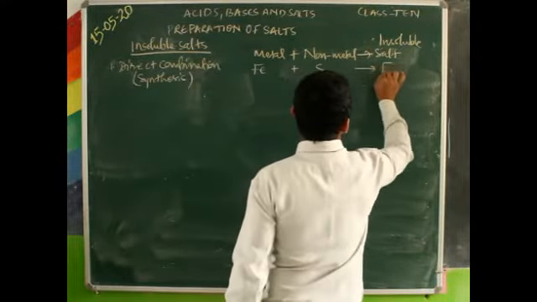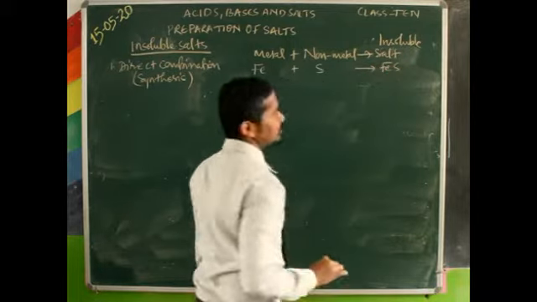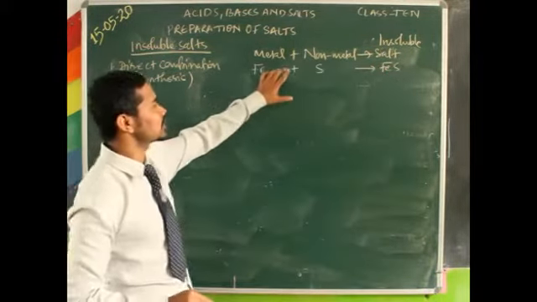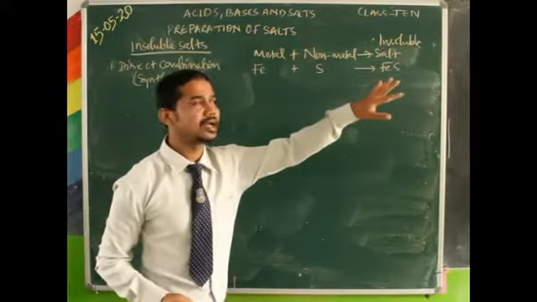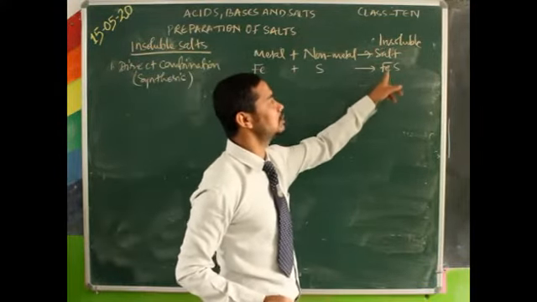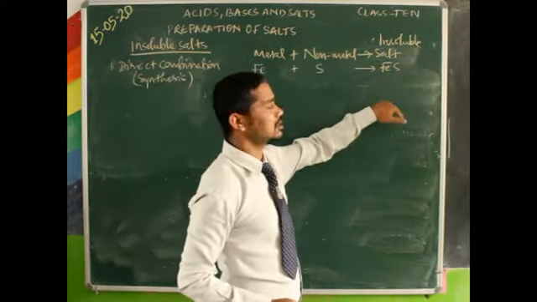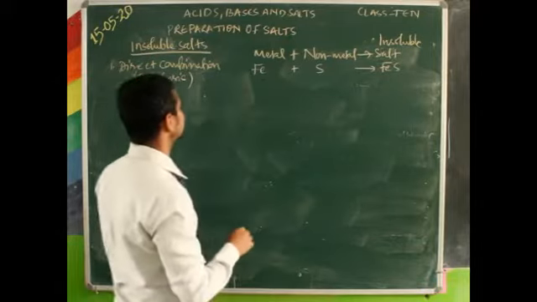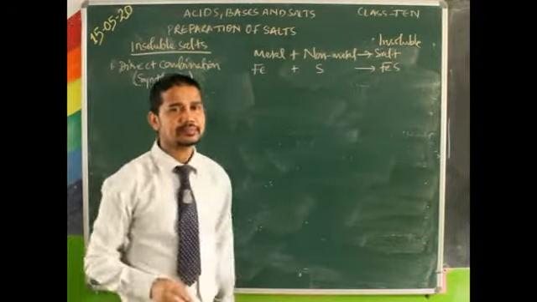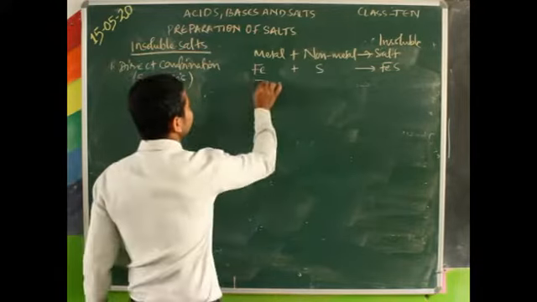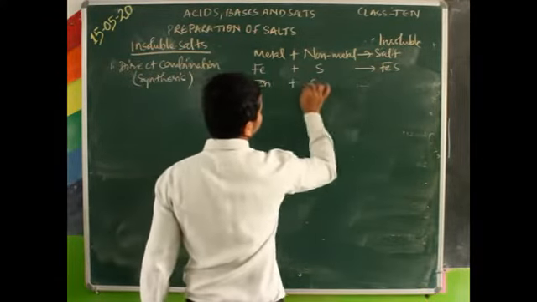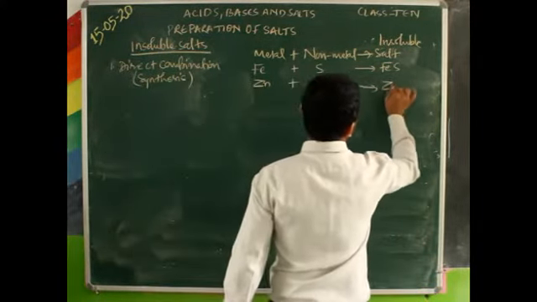then you will get iron sulfide. If you heat iron with sulfur, you will get iron sulfide, and this iron sulfide is an insoluble salt. It will not be soluble in water. Similarly, if you take zinc plus sulfur, you will get zinc sulfide.